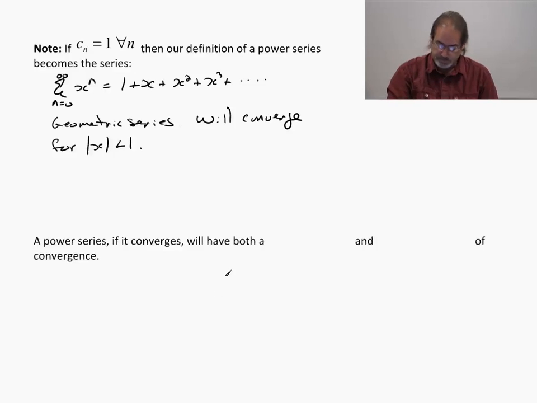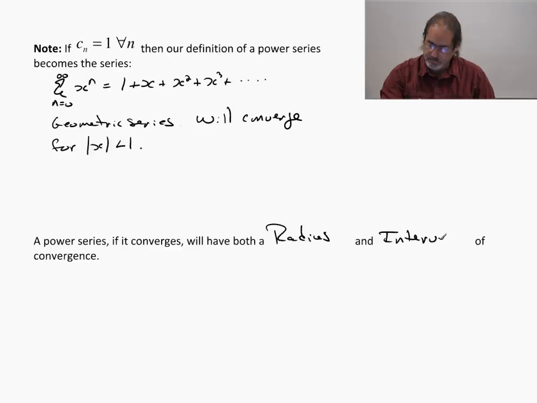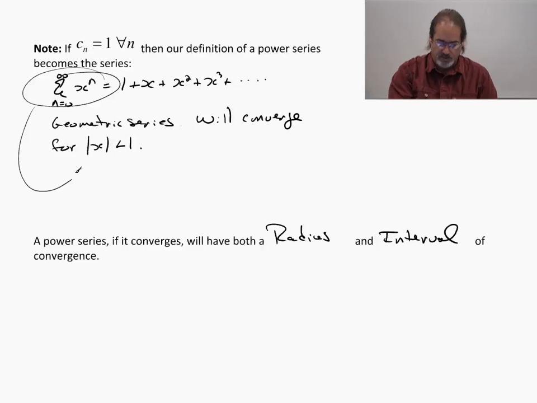We proved that before. Now, a power series will have both a radius and an interval of convergence. So for this geometric series that we just revisited, we know that it's going to converge for absolute value of x less than 1, that tells me that my radius of convergence will be 1.